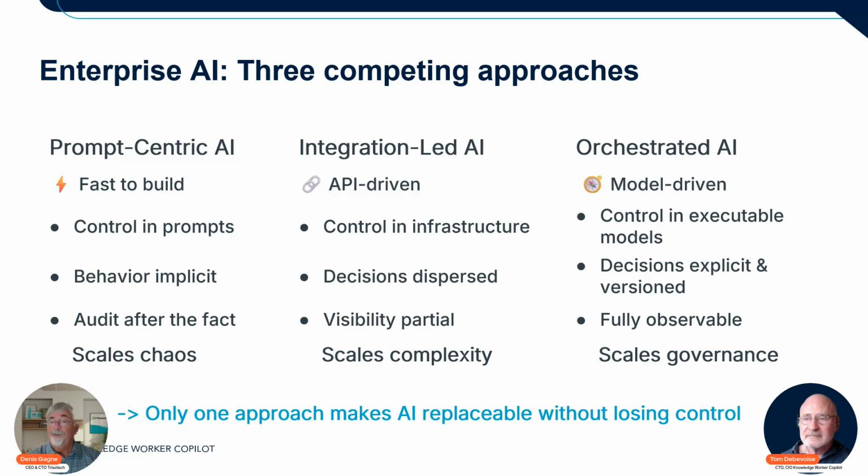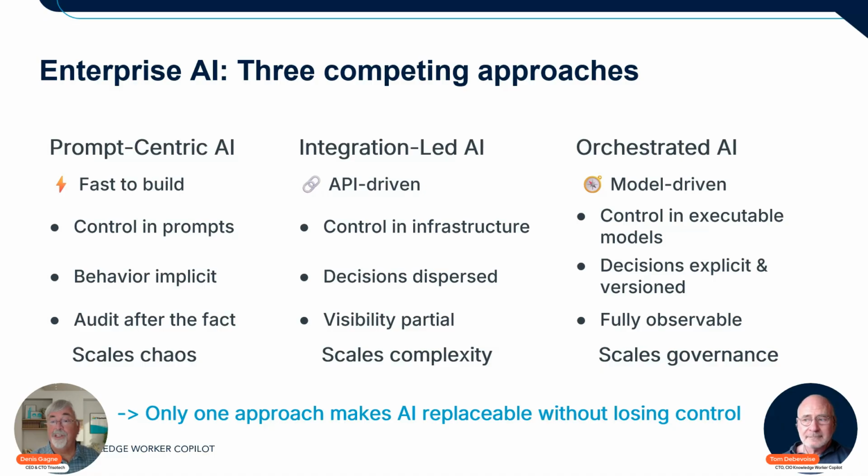You don't have a direct view of what's going on. So you have this black box AI that is really hard to audit because you don't have visibility. And if you scale that to a large amount of work, there's a lot of intervention, and you're fundamentally scaling chaos.